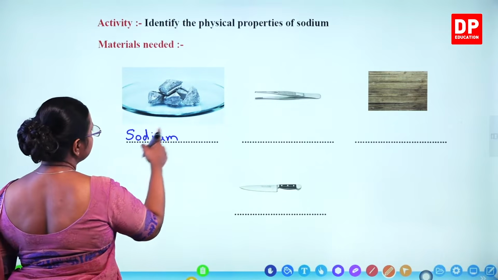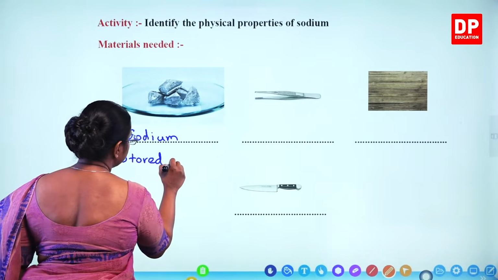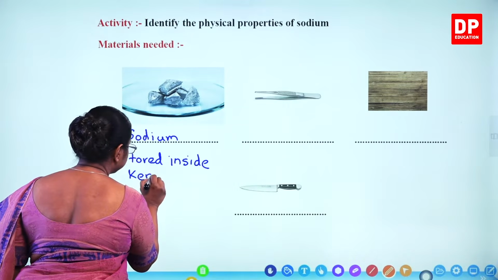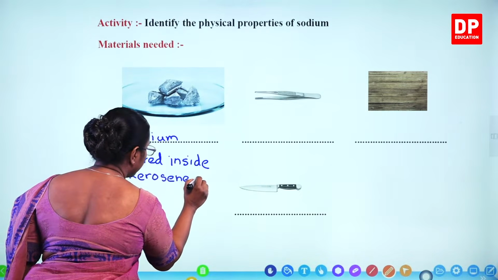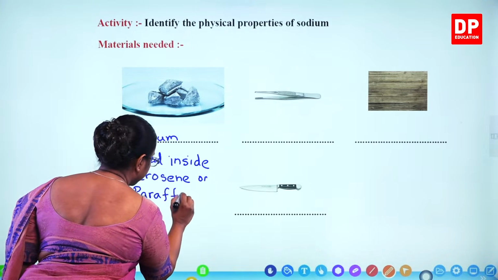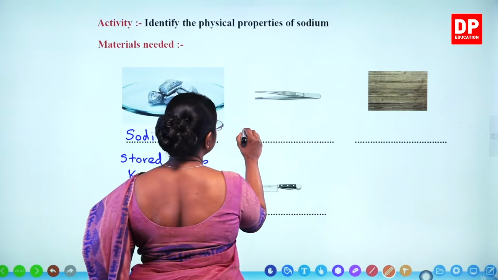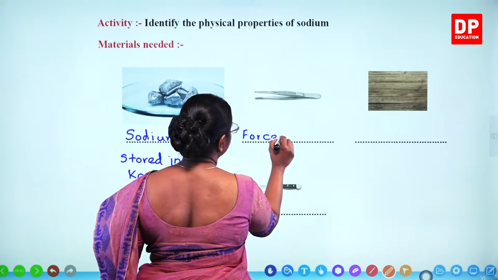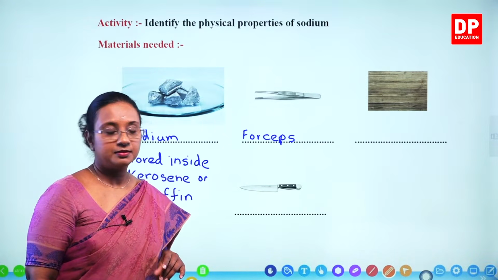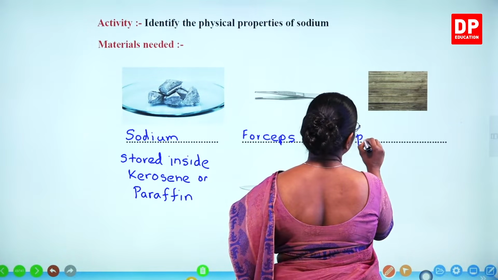So since it is highly reactive, it's stored inside kerosene or paraffin. Paraffin is wax. Then we will need forceps to take out the sodium from this kerosene or paraffin, and we need to place it on a porcelain tile.